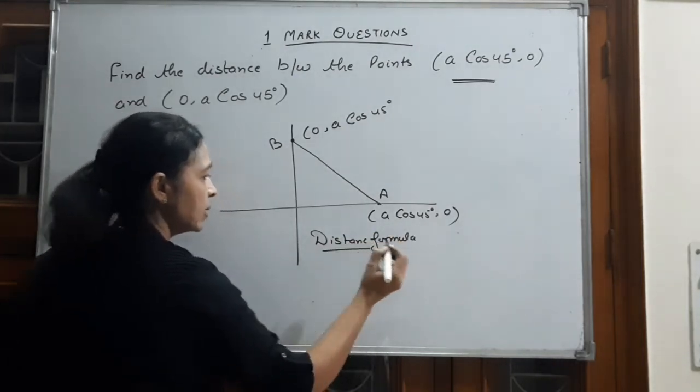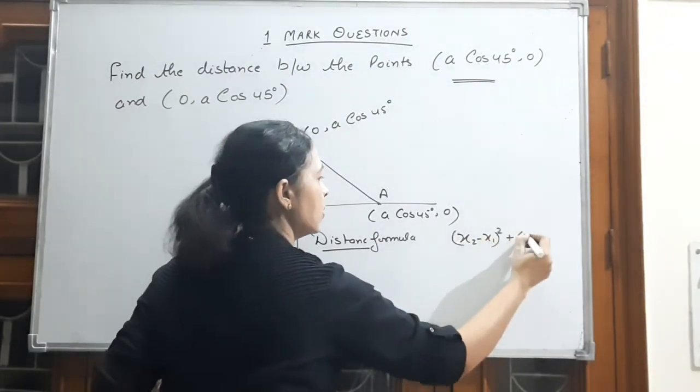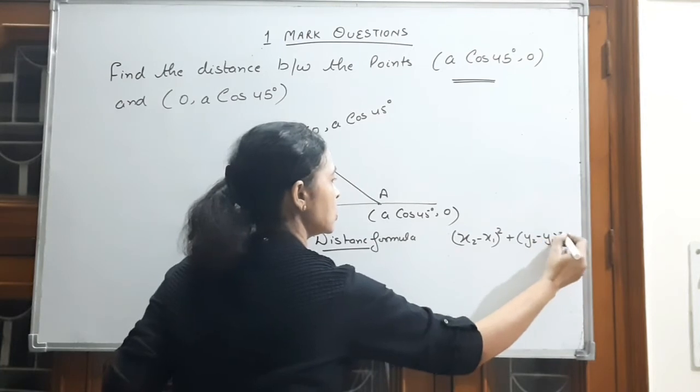The distance formula is the square root of (x2 minus x1) whole square plus (y2 minus y1) whole square.